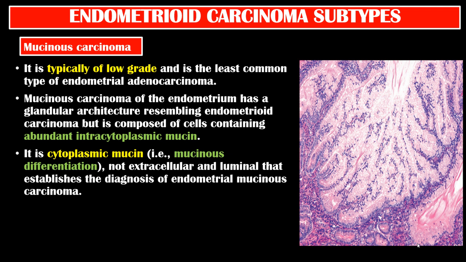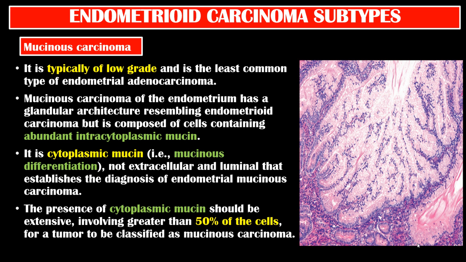It is cytoplasmic, that is mucinous differentiation, not extracellular and luminal, that establishes the diagnosis of endometrial mucinous carcinoma. The presence of cytoplasmic mucin should be extensive, involving greater than 50% of the cells, for a tumor to be classified as mucinous carcinoma.